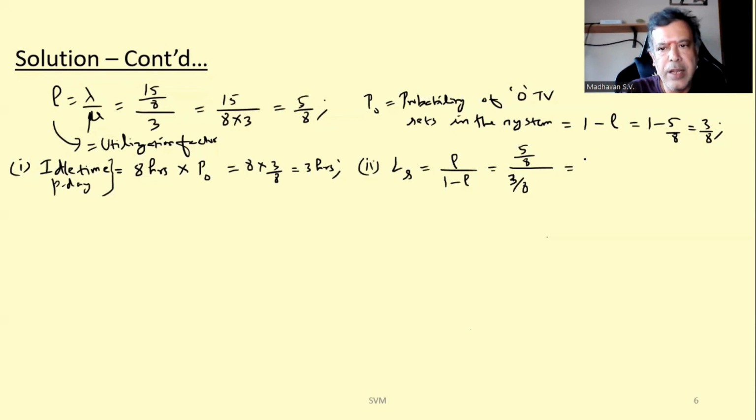So we get ultimately 5 by 3, that will lead to 1.67 TV sets approximately.